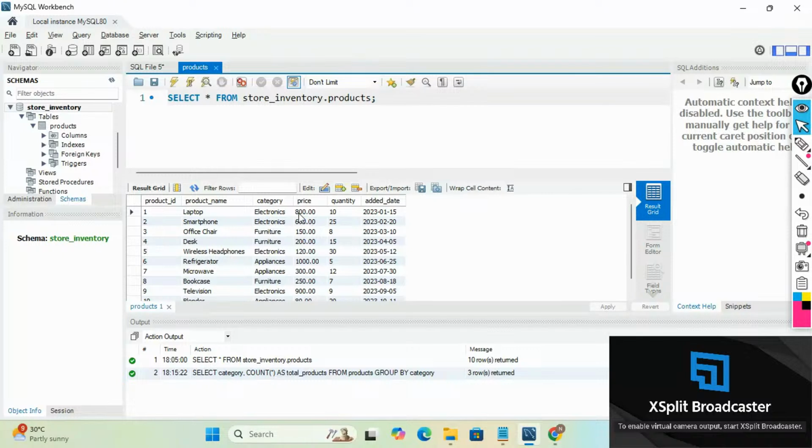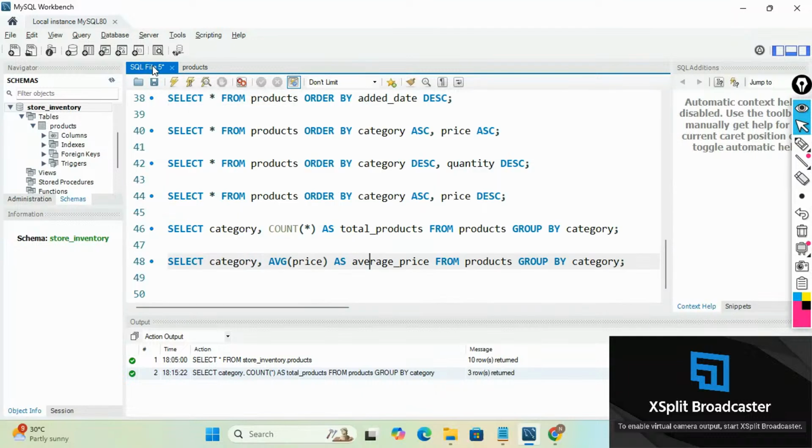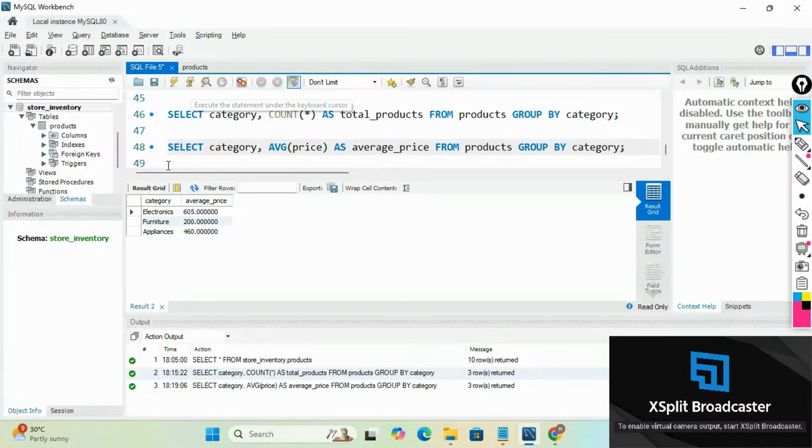So for electronics, 800 plus 600 is 1400, then 1400 plus 120 is 1520, then 900, so 2420 probably. Yes. By 4, 2420 by 4 is 605. I have done a rough calculation, so for electronics it should be 605. Am I right? Yes.